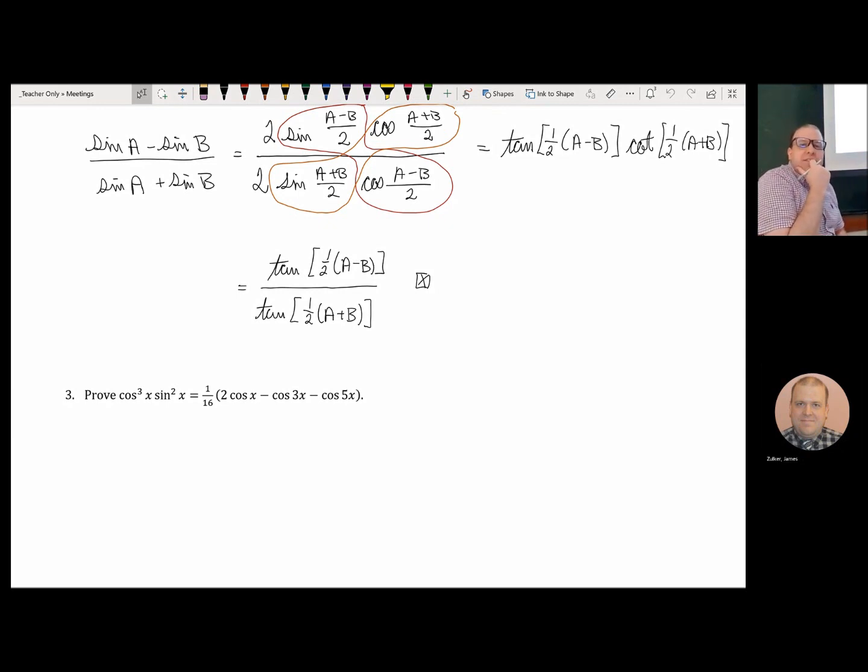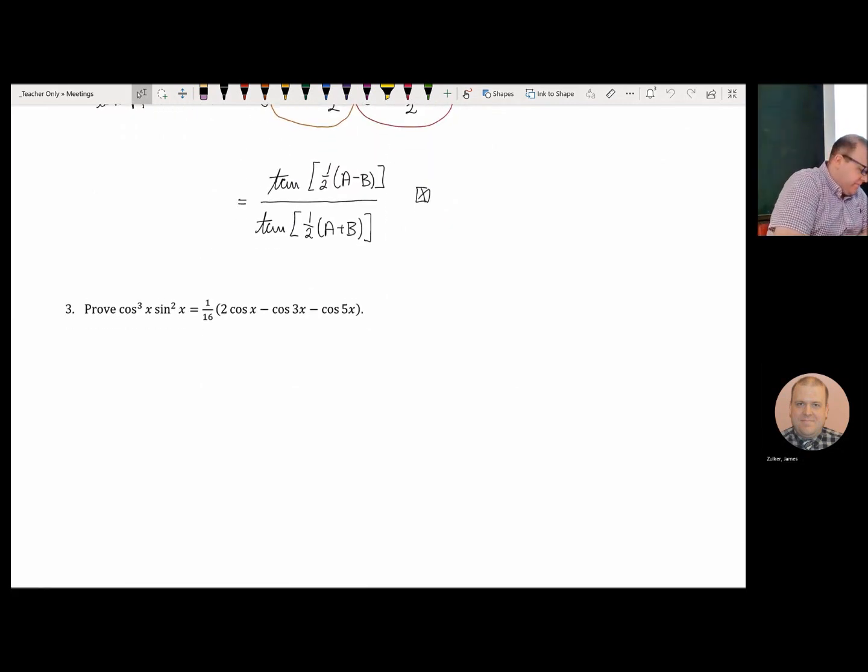Prove cosine cubed times sine squared equals 1/16 of 2 times cosine x minus cosine of 3x minus cosine of 5x. Cosine cubed can be written as cosine times cosine squared.